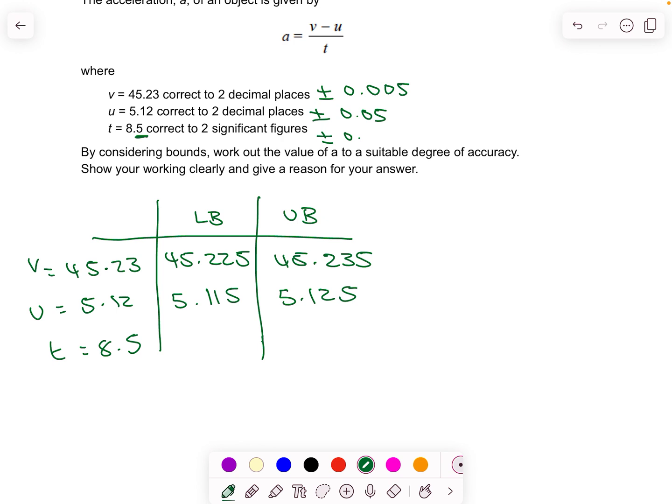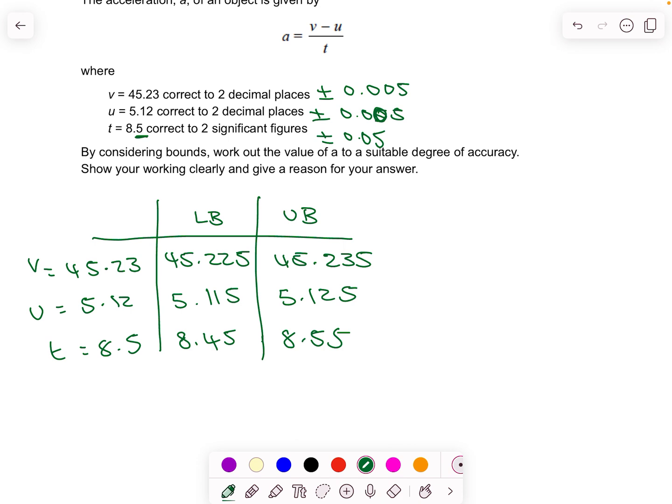So this is add or subtract 0.05, so that should have been 0.5, and that should have been 0.005, so apologies there. Oh no, same thing, that was fine. It was just the next one I got wrong, so that's fine. And so the lower bound is 8.45 and the upper bound is 8.55.